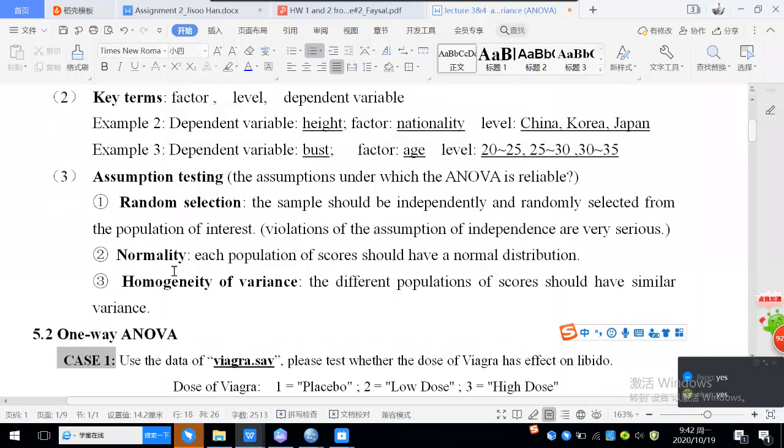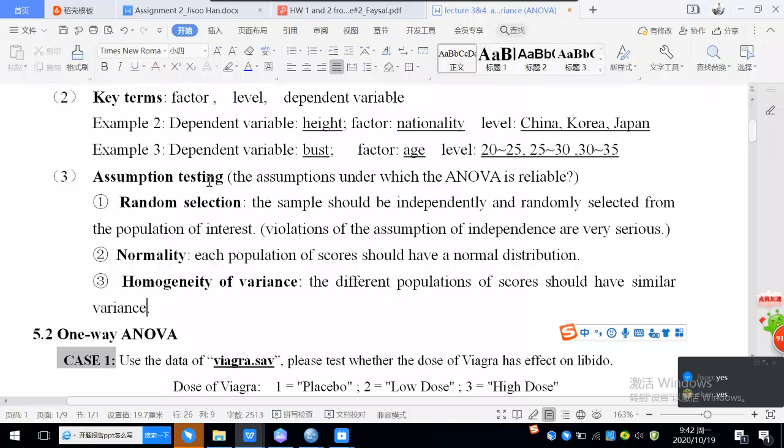The third condition is homogeneity of variance. That means the different populations of scores should have similar variance. Just like the independent T-test, we will test whether they have equal variance or not.